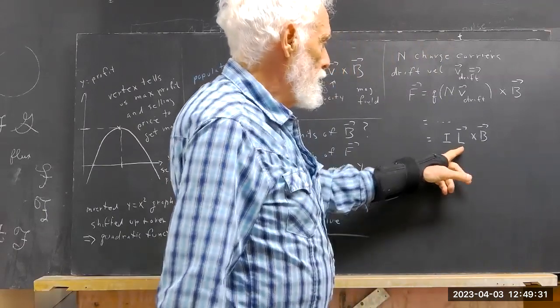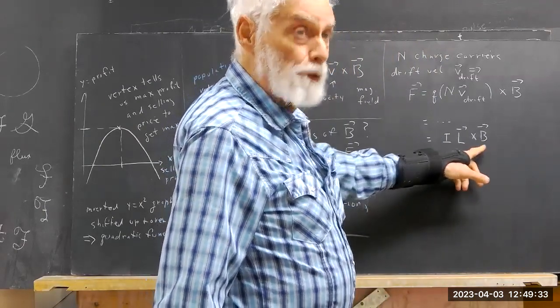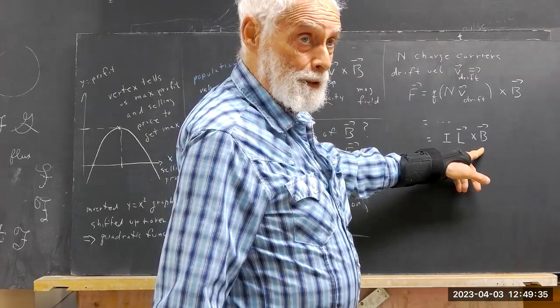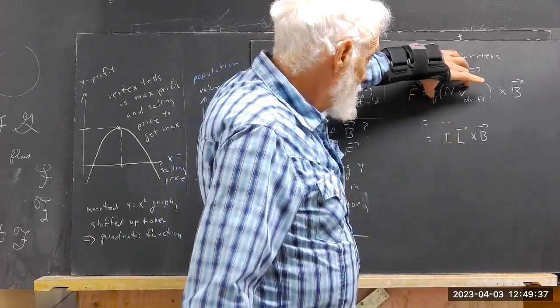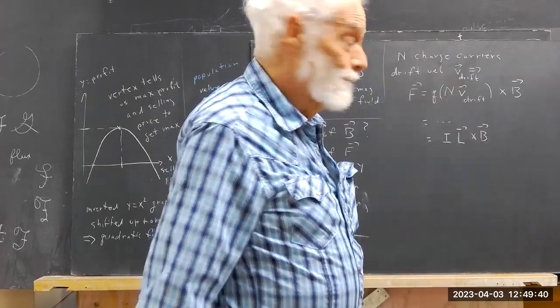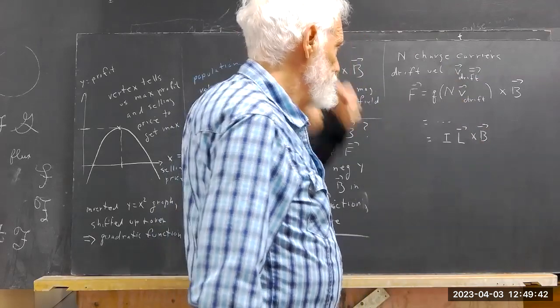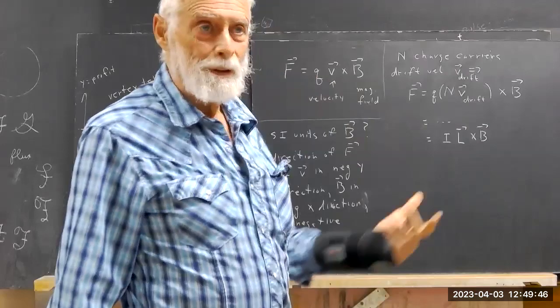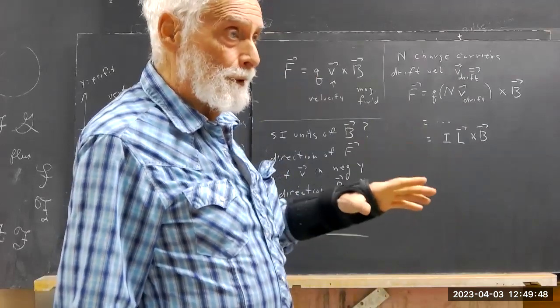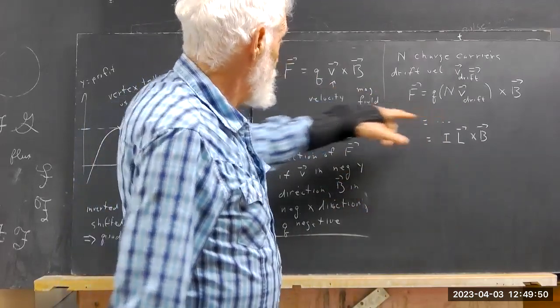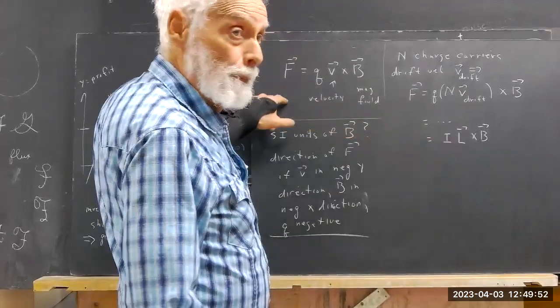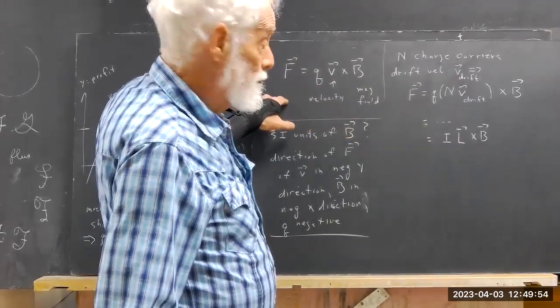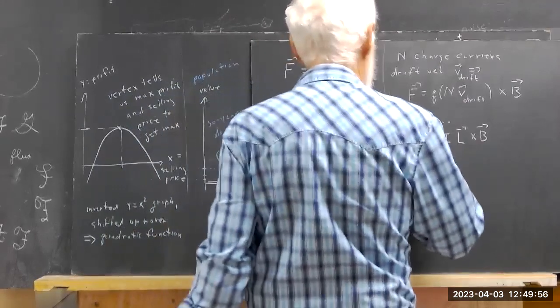You get the current times the length, cross. Okay, they're relating this expression to current and length. Take a couple of pictures and a couple of steps, so we'll do that. Right now, this is just another form of this. Okay. L.